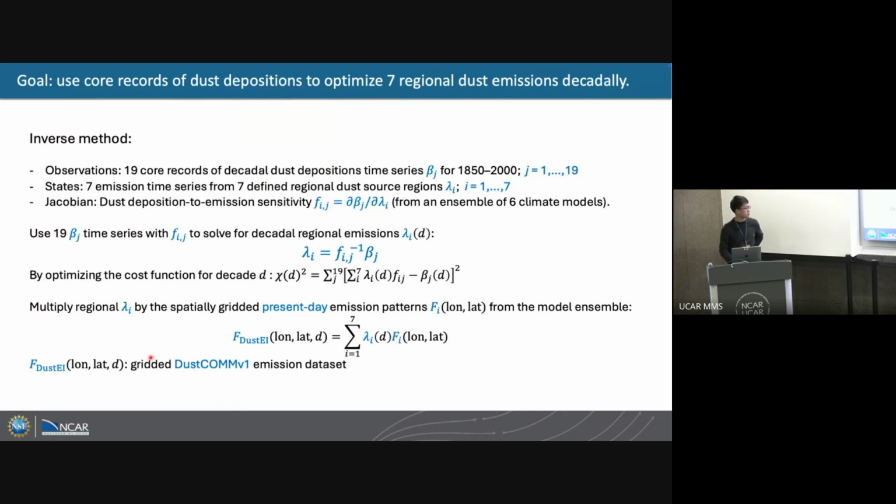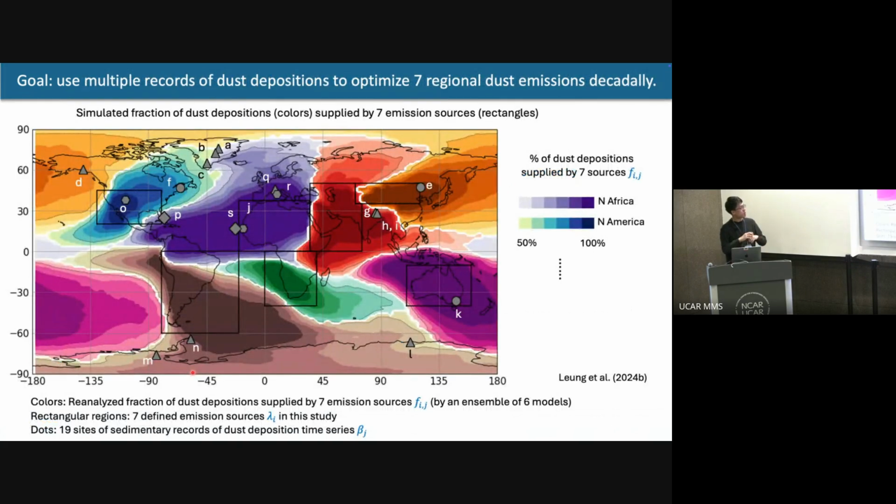So that's the gridded dust emission data set from 1850 to 2000, and that's a decadal data set we call DustCOMM version 1. This is the data set that we yield, and I try to visualize it a little bit so that you understand what's going on here. The colors show the fraction of deposition supplied by the 7 dust emission sources.